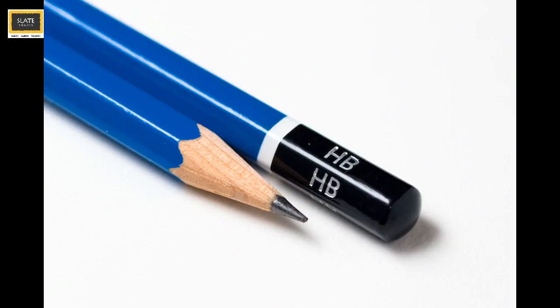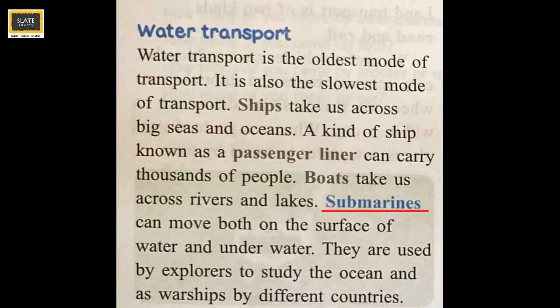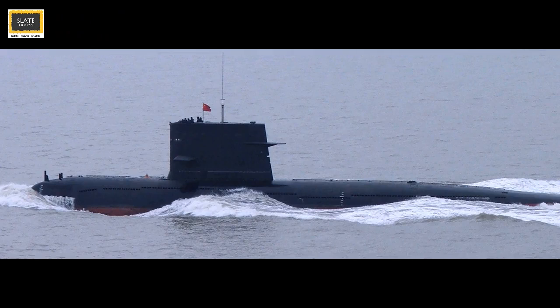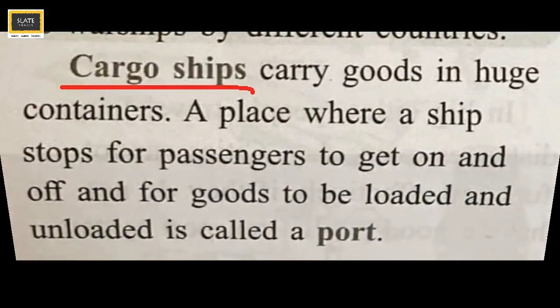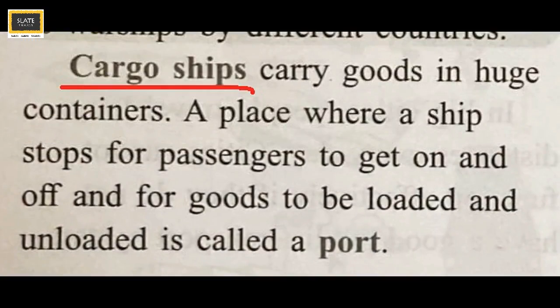Slaters, underline the word submarine. S-U-B-M-A-R-I-N-E. Submarine. It means a ship that can travel underwater and on the surface of water. Underline the words cargo ships. C-A-R-G-O, cargo.